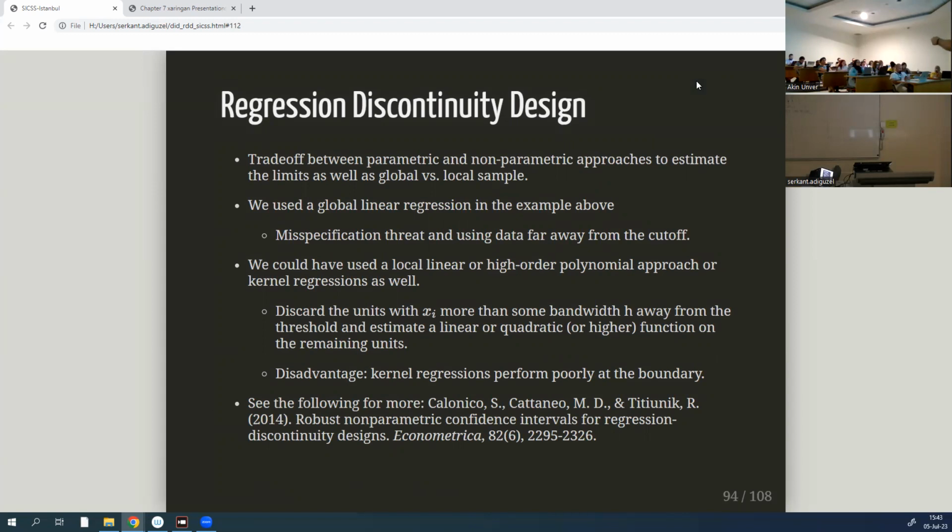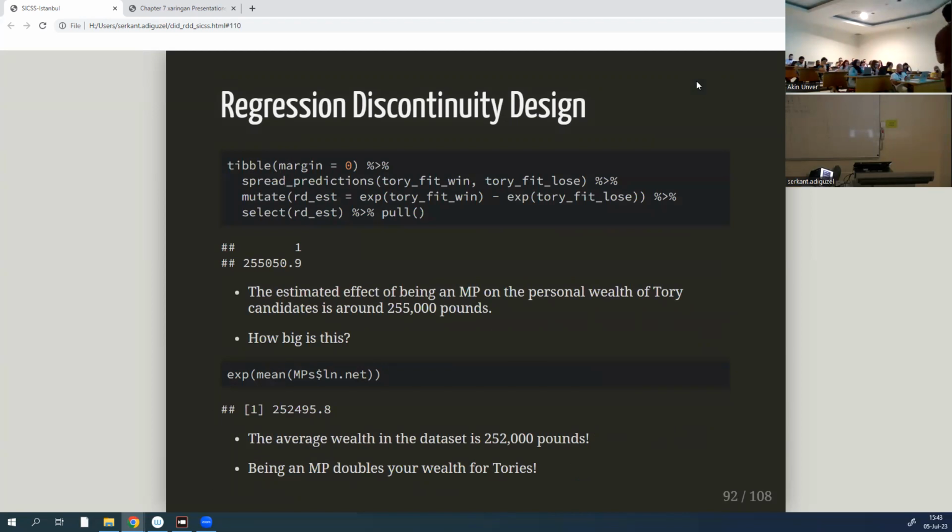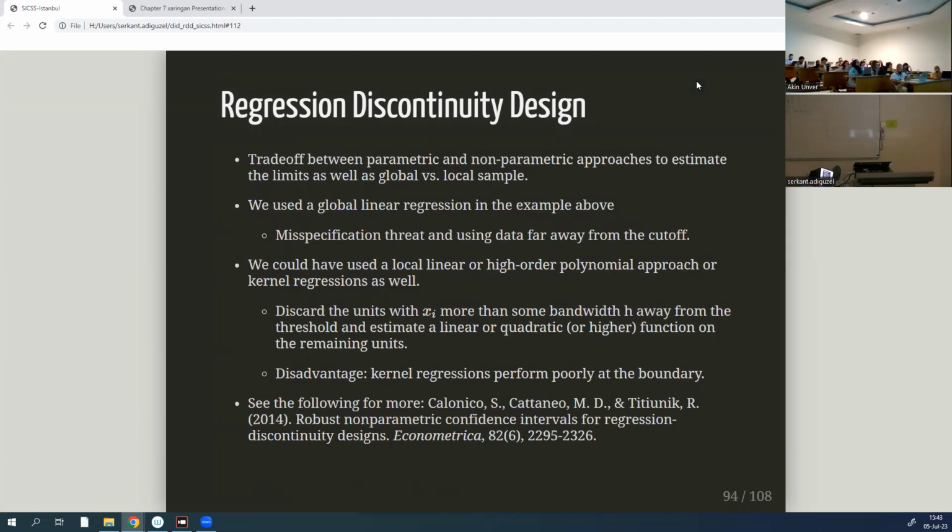But there is also another problem. Here I did a parametric approach, fitting a linear line, but you could also have a non-parametric approach. The problem with these non-parametric approaches, for instance local linear regression, is that they have a problem at the boundaries.